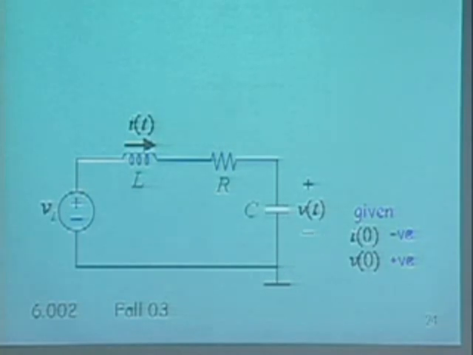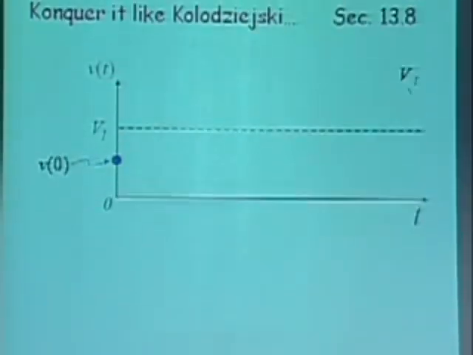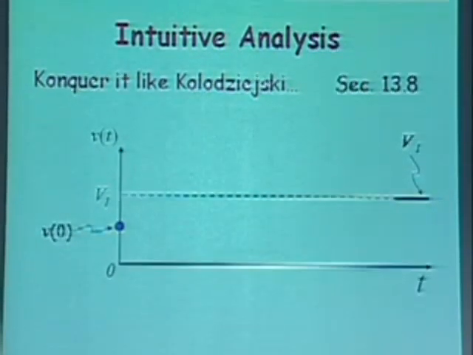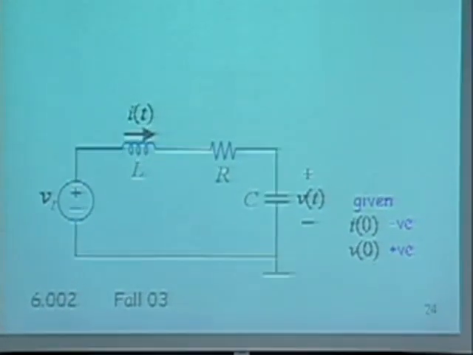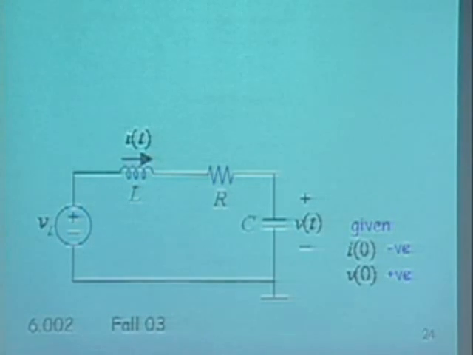So the first thing I know is V0, the capacitor voltage, starts out here, which can change suddenly. And I also know that in the long term, this is an open circuit. So that this voltage VI will appear directly across the capacitor in the long term. So I get starting out at V0, ending at VI. Okay, I'm almost halfway there.